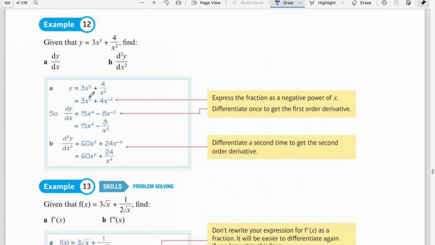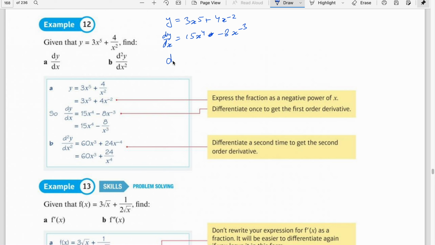Okay, so we have these questions. A part says find derivative. Y is equals to 3x^5 plus, let me write this in numerator, this is 4x minus 2. So dy by dx is 5 times 3, 15x^4, plus this is negative 8 and x minus 3.